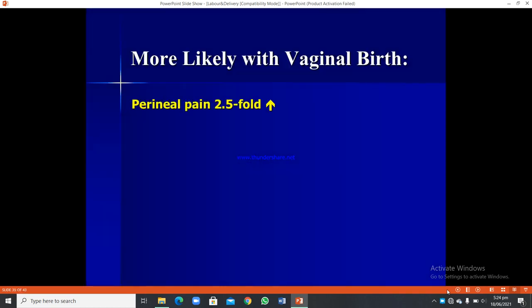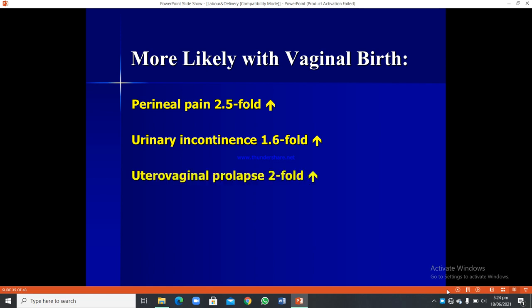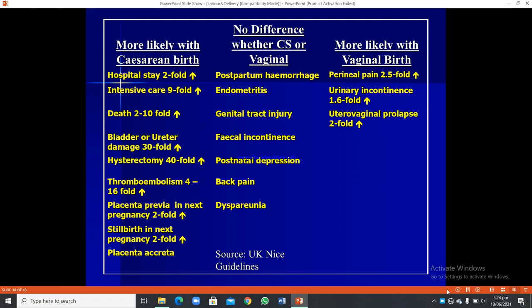More likely with vaginal birth: perineal pain, 2 to 2.5 times increase, urinary incontinence, 1.6 times increase, uterovaginal prolapse, twofold increase. So these are the comparisons.